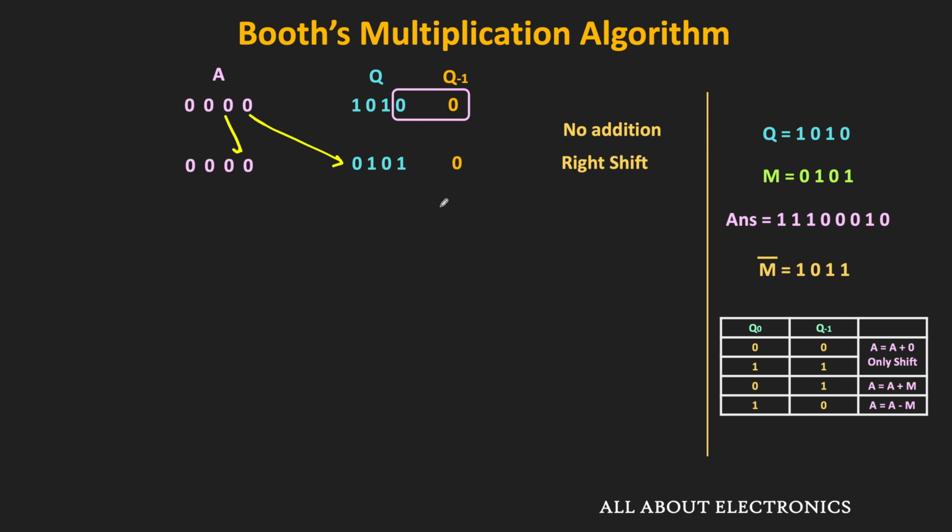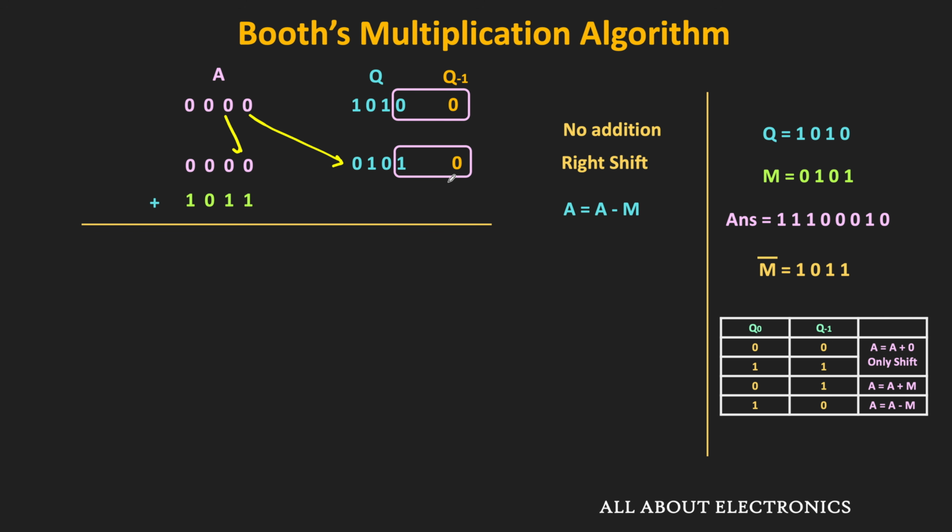Now, after the first right shift operation, once again this q0 and the q minus 1 bits will be checked. If you see, that is equal to 10. That means now the subtraction will be performed, and that is equal to A plus M bar. That means now the M bar will be added with the current value of the A register.